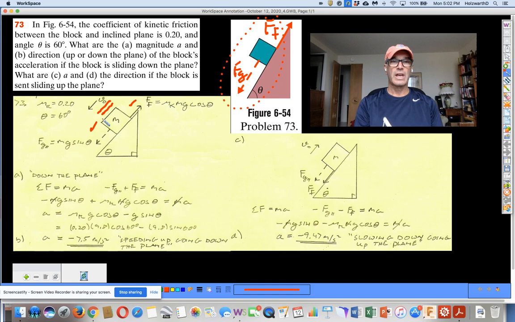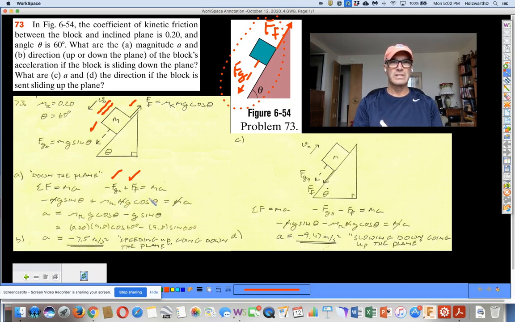So we have the gravitational force and the friction force. Gravitational force is negative, friction force is positive.